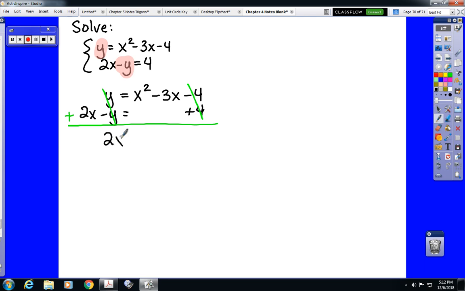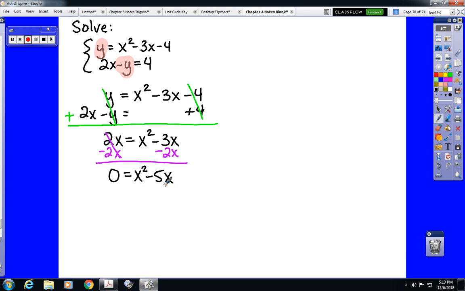We are left with 2x equals x squared minus 3x. Again, we need that x squared term to be positive. It already is. So that means we need to move this 2x to the right. So we're going to subtract 2x from each side. That would give us 0 equals x squared minus 5x.